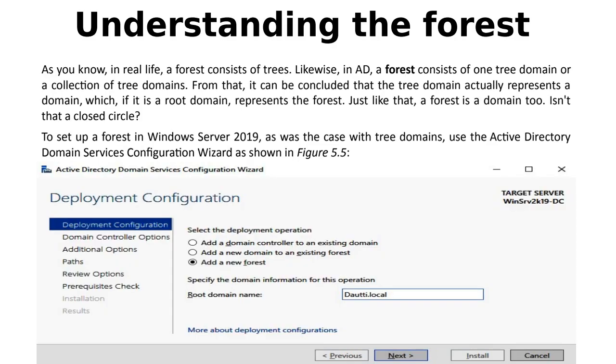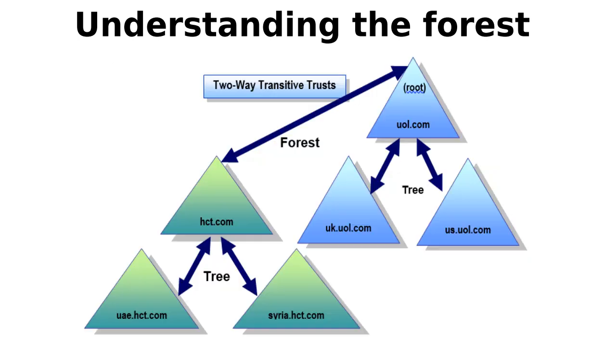Here they put the example duati.local because of the name of the book. This is the forest. Here we have the root, then child domains, and then another forest, rct.com.